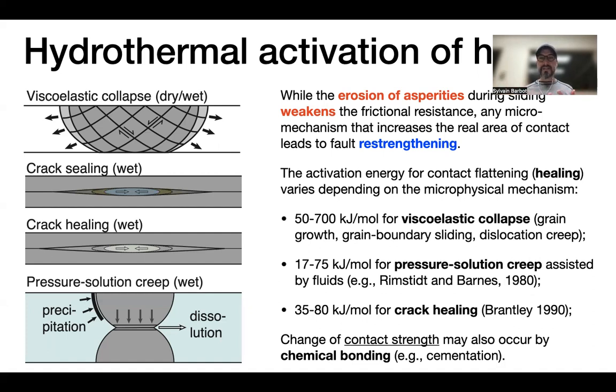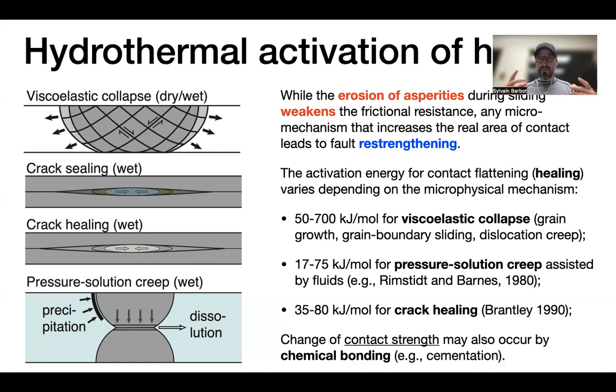Another mechanism is so-called pressure solution creep, a very special form of viscoelastic flow, where the material dissolves in highly stressed areas into the fluid phase, which is assumed saturated, and so it immediately forces precipitation somewhere else in areas of low stress.